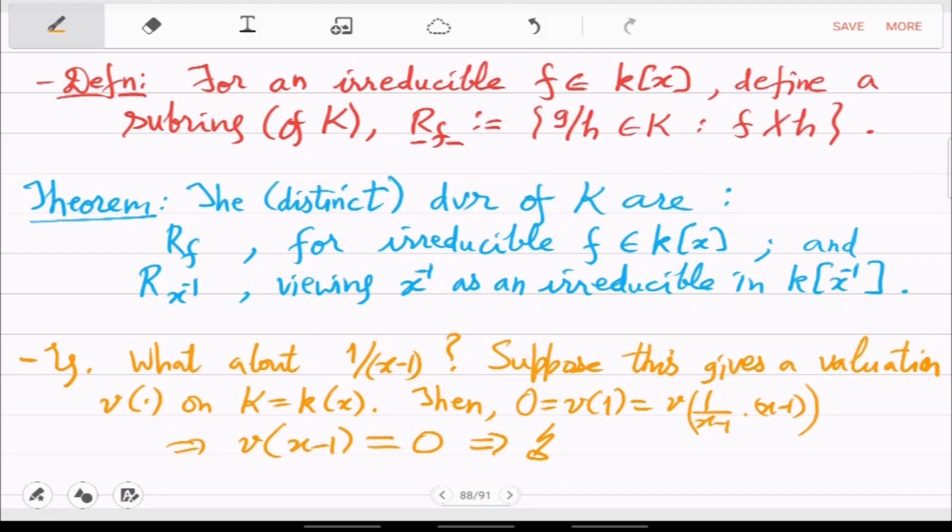Mm-hmm. That's how we do it for x. For x minus 1, I'll do the same thing. Something like that. No, no. So, well, what is x minus 1? What is the valuation of 1 over x? Actually, that also you have to calculate.